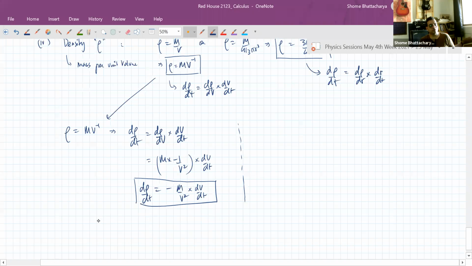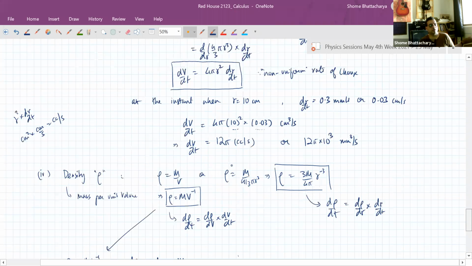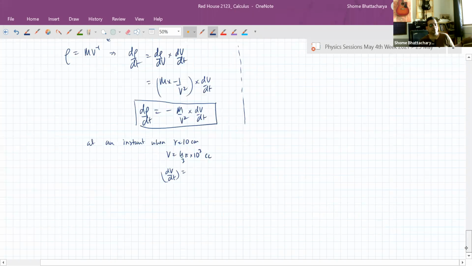So at an instant when r is equal to 10 centimeters, volume is equal to 4/3 pi into 10 raised to the power 3 cubic centimeters. And dv by dt we had just checked above. That was equal to how much? It was this quantity, 12 pi cubic centimeters per second.